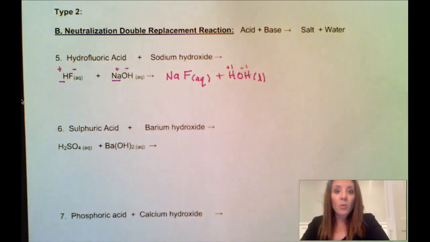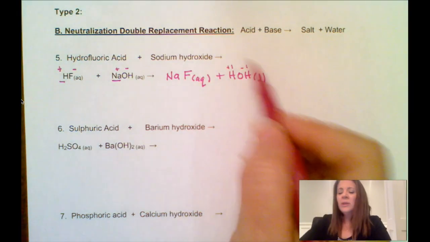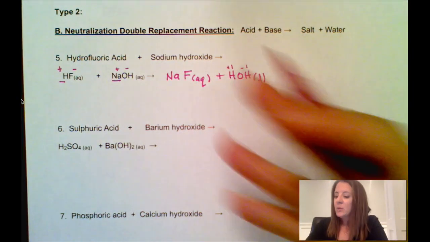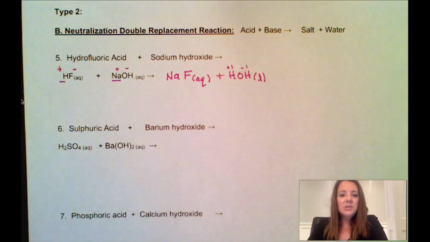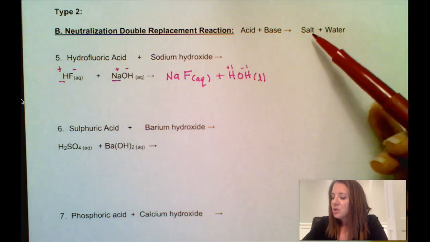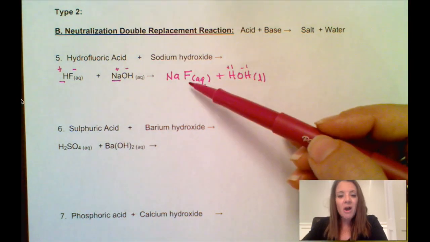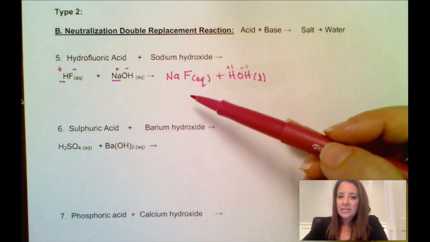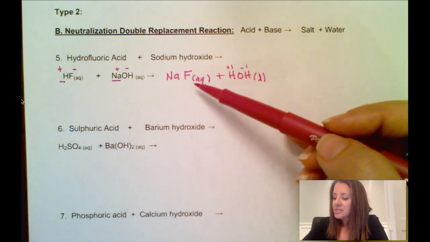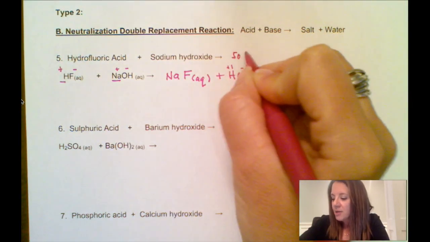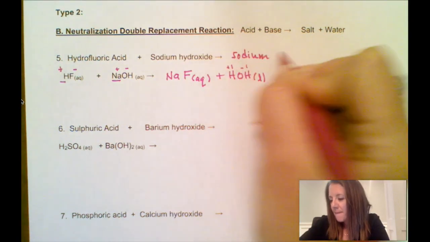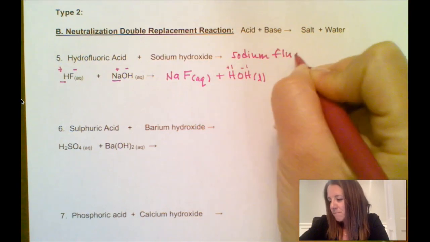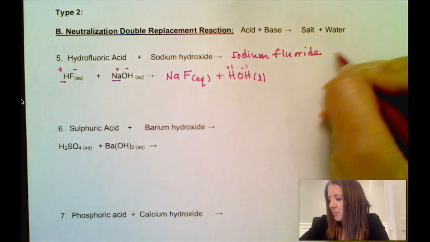And that will be liquid water. Only if we evaporate that water can we get this salt to form in solid form, okay? So salts are anything that generally end in "ide," "ate," or "ite" in their name. So the salt in this case is sodium fluoride plus water.